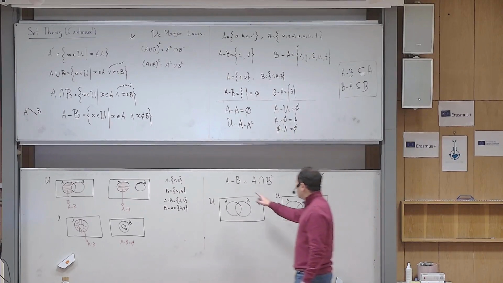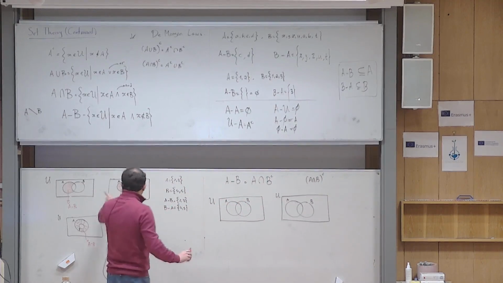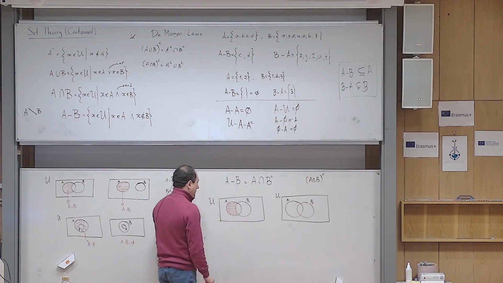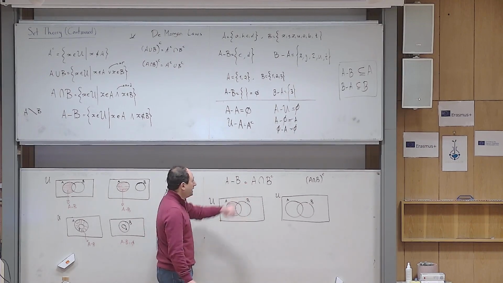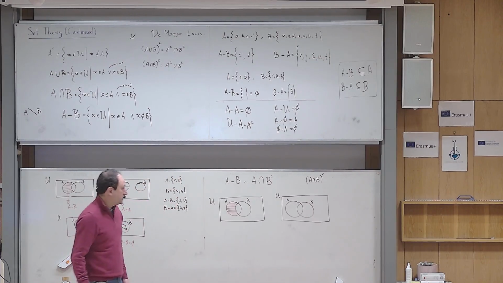Okay, so now here, A minus B is extremely simple. A minus B is exactly as this picture we have. This is the left side. This is A minus B. But now for A intersection B complement, I need to know where B complement is.